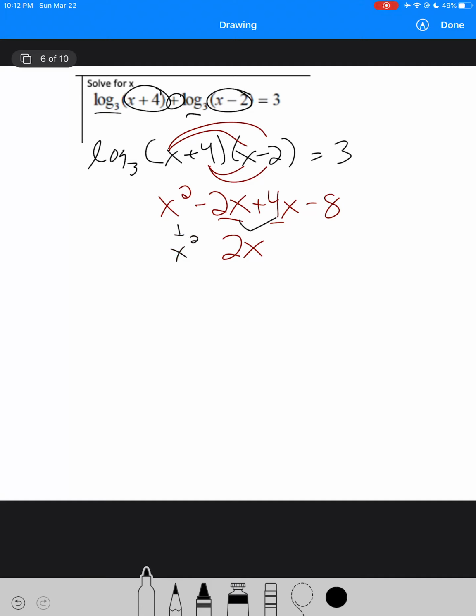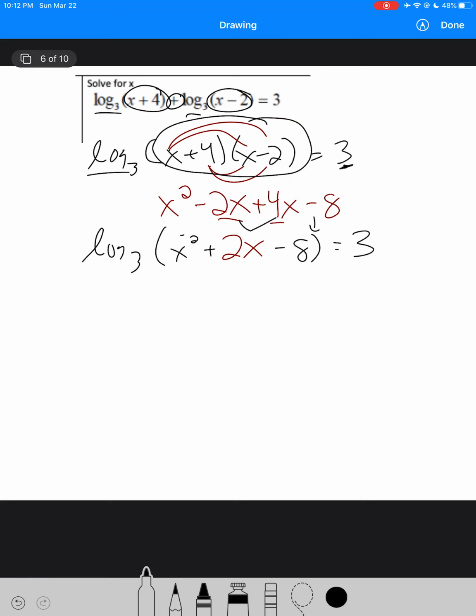And bring this down, x squared, this is plus 2x. Bring this down, that's minus 8. Now keep in mind, all this is still in parentheses. We still have this log with it. We still have this positive 3 over here. So what we did was we FOILed this, which basically gave us this in here.